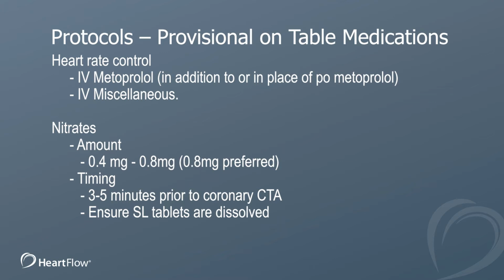We also prefer to give the nitroglycerin within a window that's 3 to 5 minutes prior to the main scan being acquired. And it's very important to make sure that if you use sublingual tablets over spray, that the tablets have dissolved before you proceed with the scan.